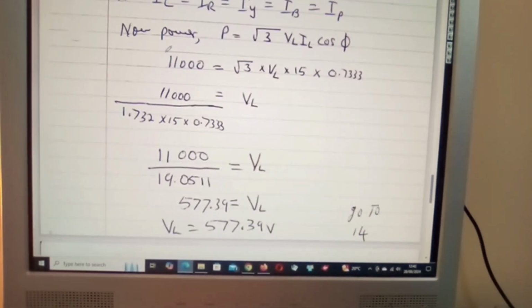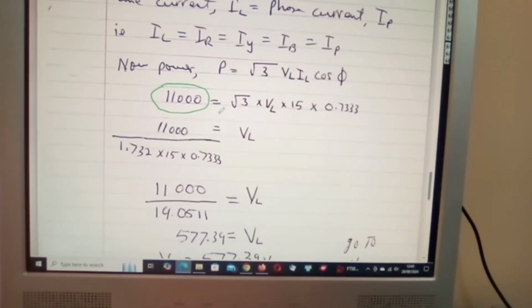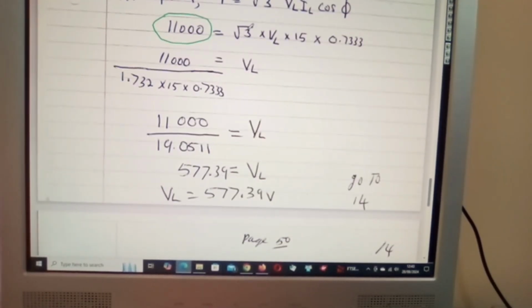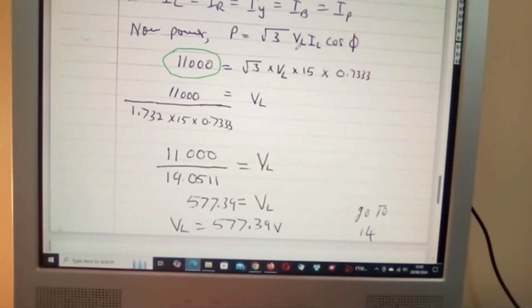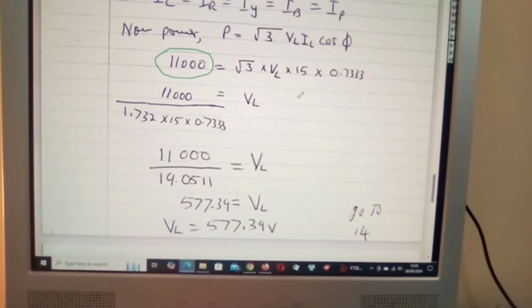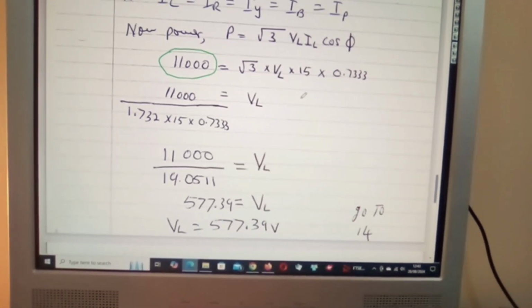Now here we have power, because we've been given this as part of the question. We've been asked to find something, so what were we asked to find? Look back at the question and make sure you understand the concept of it. And here we have to bring this down. I know that the square root of 3 is 1.732, so what I've done simply is to transpose.